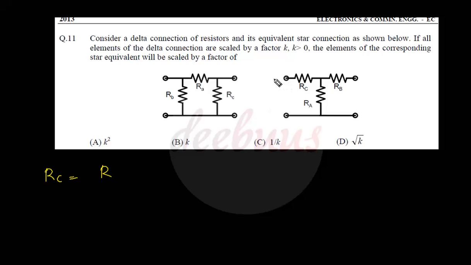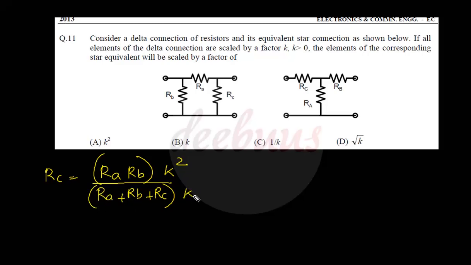RC equals RA-RB divided by the summation of the total resistance, that is RA plus RB plus RC. In the question it is mentioned as scaled by a factor k. So RA into k, RB into k. That turns out to be k square on the numerator, and on the denominator side a common k is there, so I am taking it outside too.